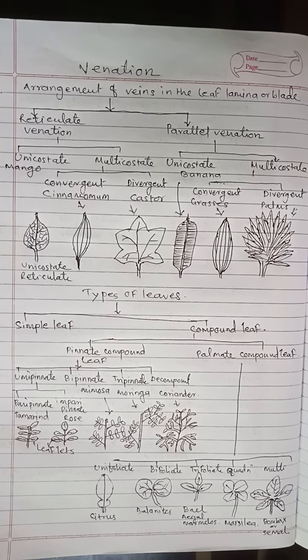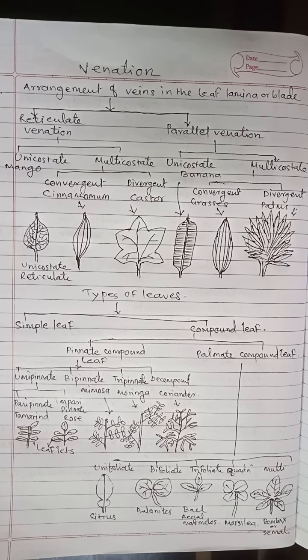In this type, primary rachis divides twice and produces secondary and tertiary rachis. The leaflets develop on tertiary rachis. Example is moringa leaf.